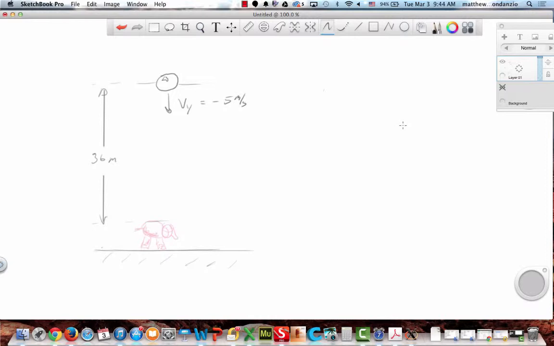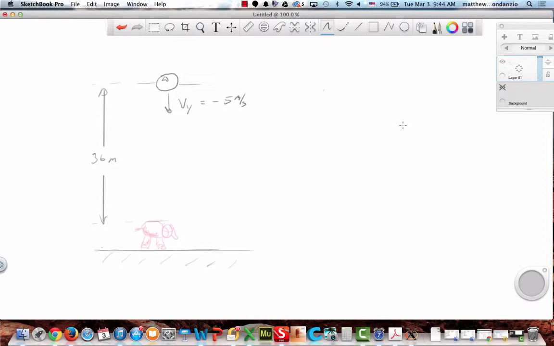Think about what planetary facts apply. Think about what kind of motion this ball is having. Okay. Work together on this, guys.